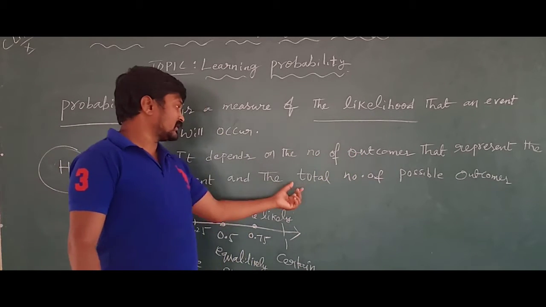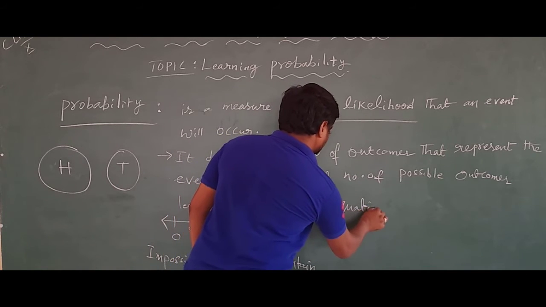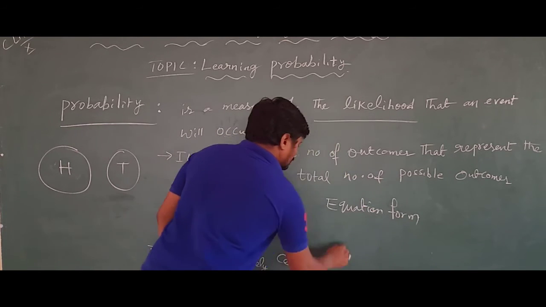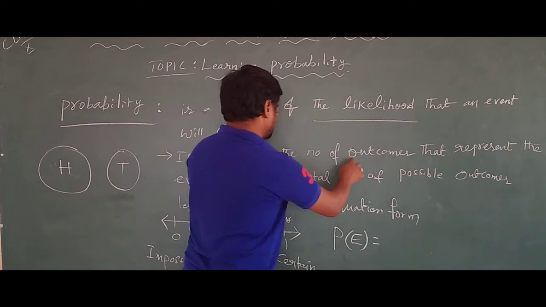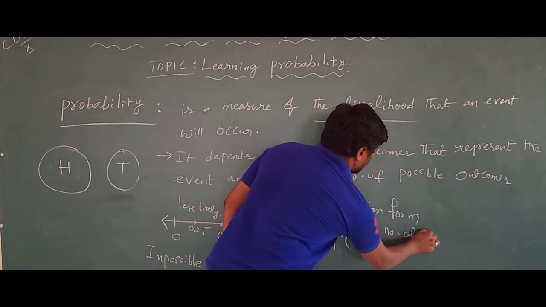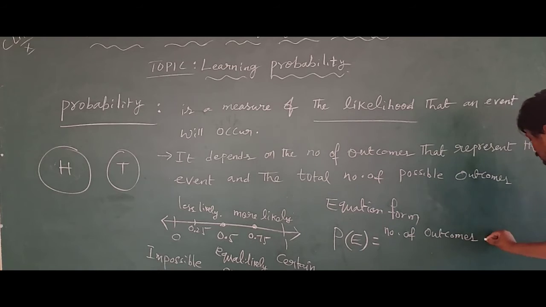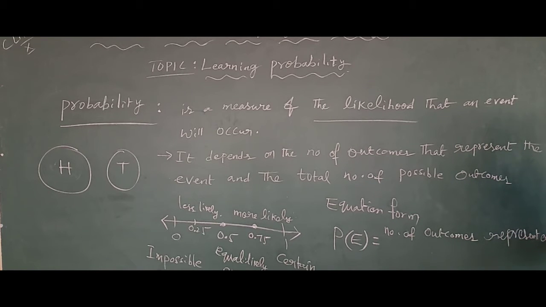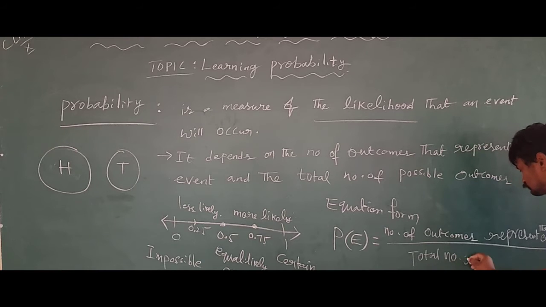Let's write it in equation form: P(E), the probability of an event, is equal to the number of outcomes that represent the event upon the total number of possible outcomes.